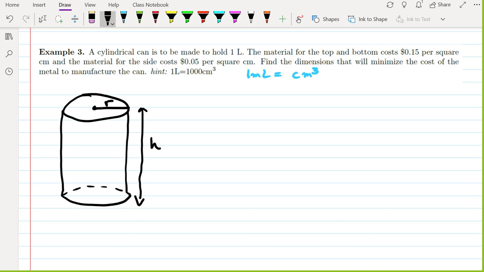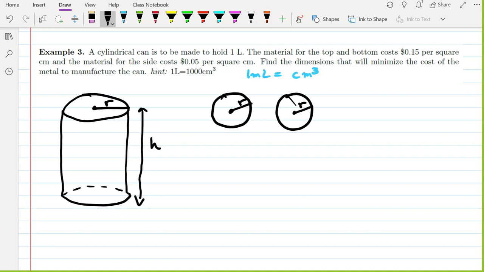So then our goal is to do what? We want to find the dimensions that will minimize the cost. But we know the cost per unit area, so the cost per square centimeter. So let's imagine that we could cut this can up into its different parts as if we were trying to manufacture it. So the top and the bottom are both going to be circles of radius r.